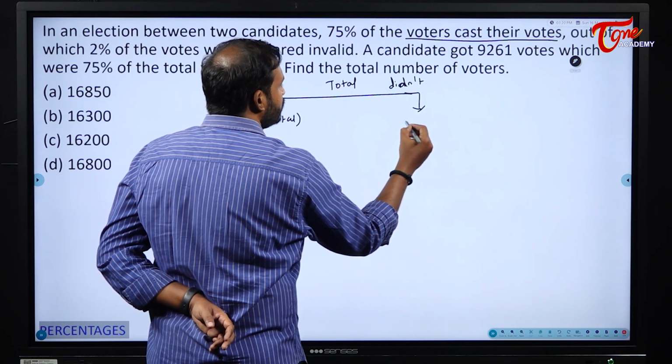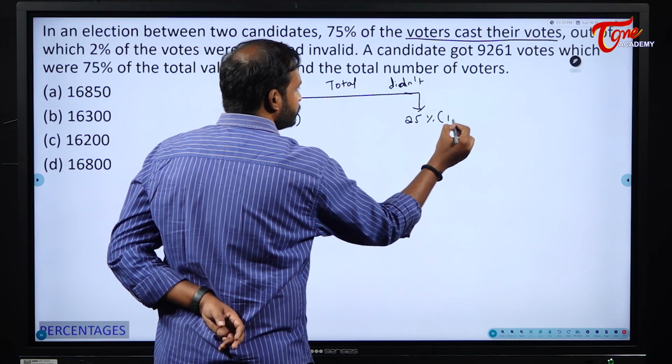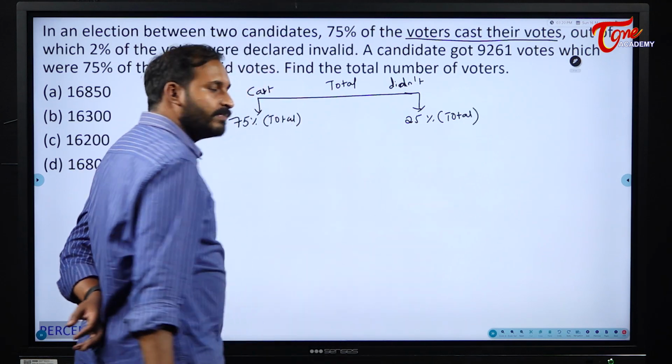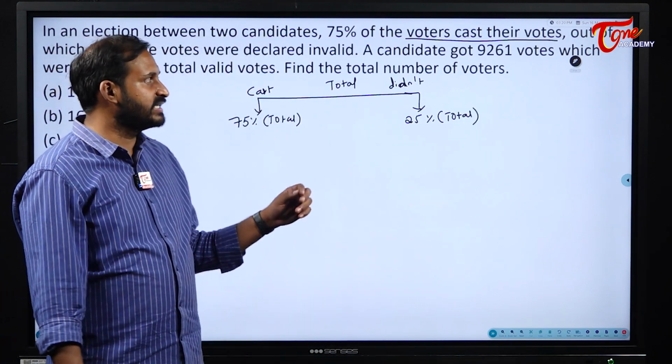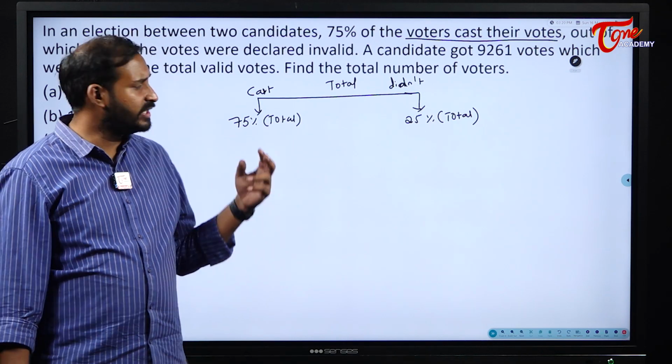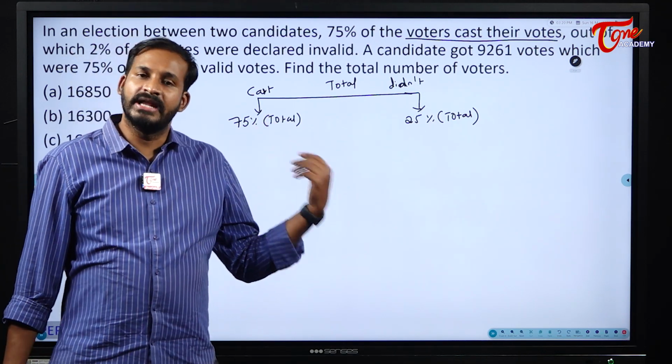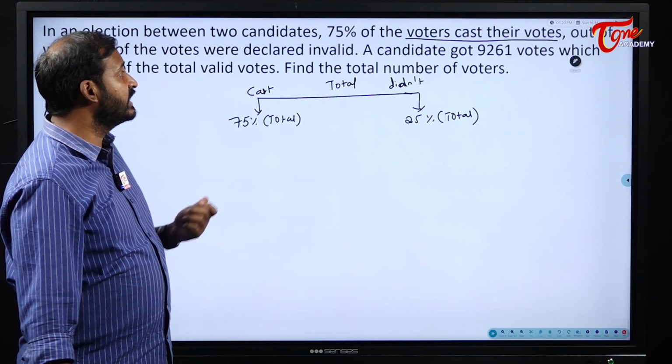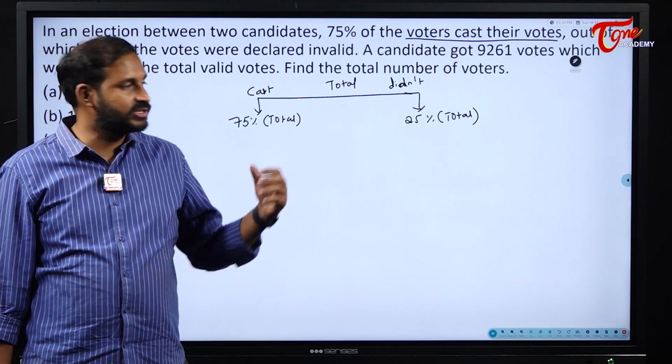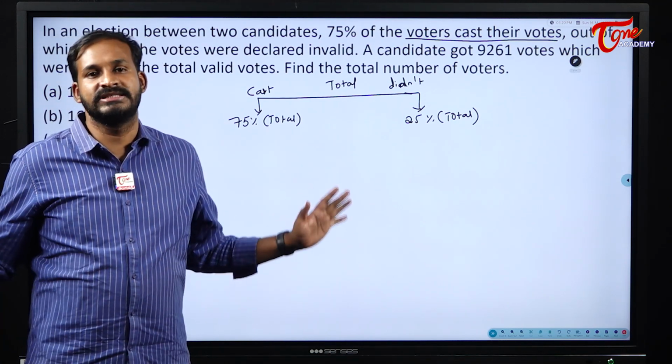Didn't cast are 25% of total. In the previous question, they didn't speak about the cast votes or didn't cast votes, so directly I took valid and invalid. But in this case, they mentioned clearly that 75% voters cast their votes. That means 25% didn't cast their votes at all.